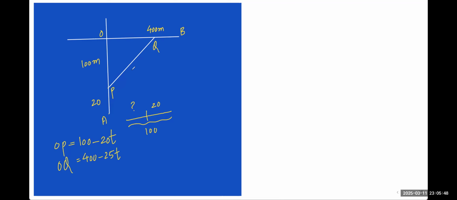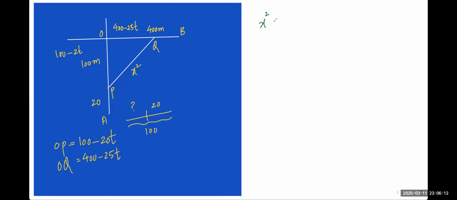I am applying the Pythagoras theorem here. This is x squared, and this becomes 400 minus 25t, this is 100 minus 20t, because we know that it is OP and this is OQ. Now, if you apply the Pythagoras theorem, what happened?